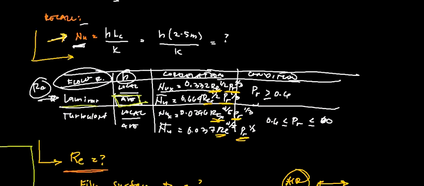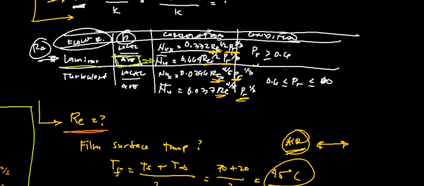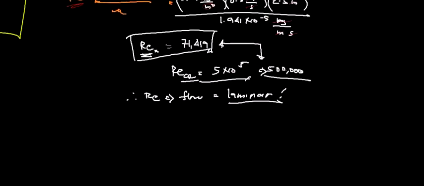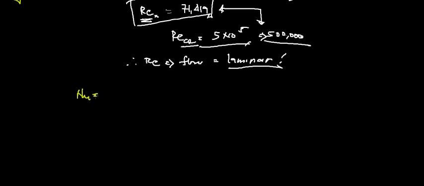Okay, under the laminar, we use the average Nu bar. Then we can now have our Nu is equal to 0.664 Re^1/2 Pr^1/3.